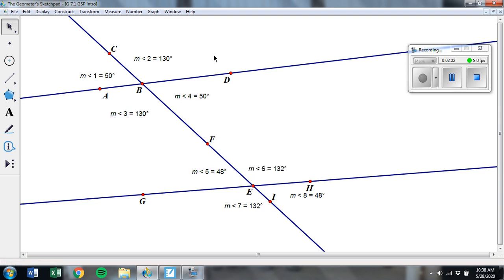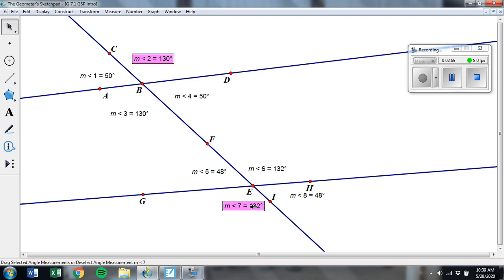So the first pairing is called alternate exterior. 1 and 8 are considered alternate exterior because they're on alternating sides of the transversal and they're both on the outside. You're always going to pick one angle from one of these 4 and one angle from down here. So 1 and 8 are alternate exterior.